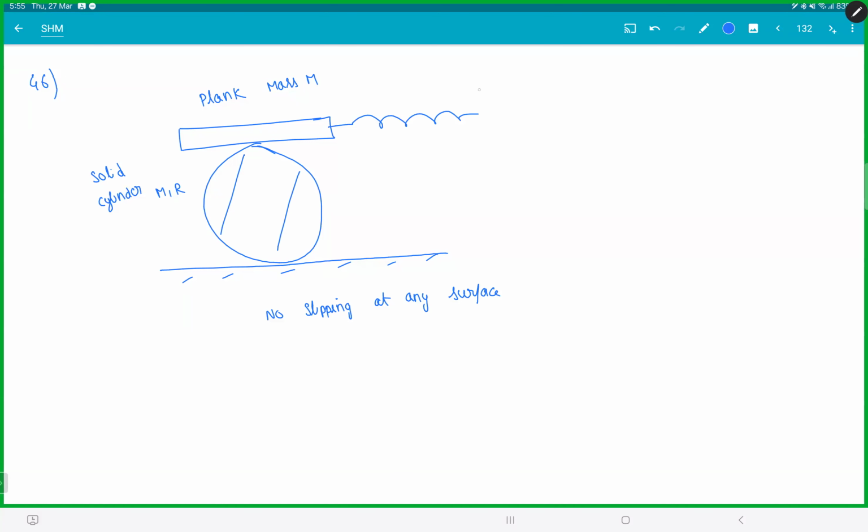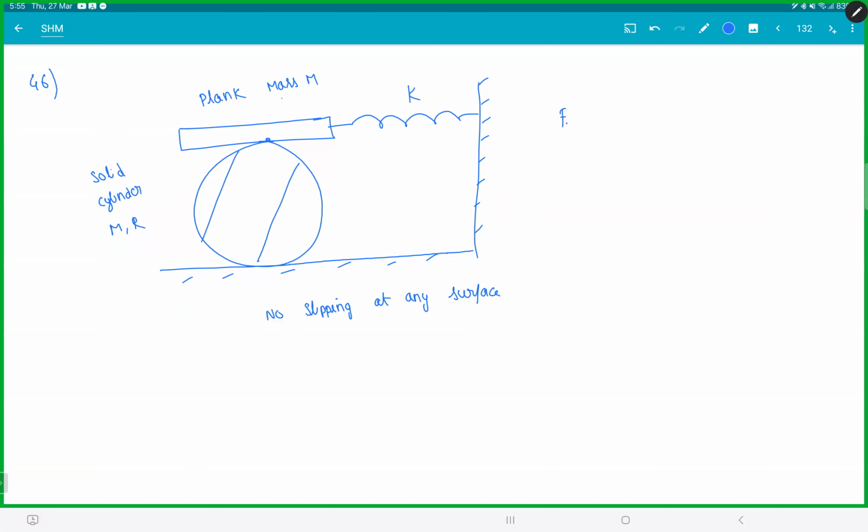This is connected to a spring. You're getting how it is? So you have a drum there, a cylindrical drum, solid one. On top of it, you kept a plank of mass M. There's no slipping between the plank and the cylinder, and no slipping between the cylinder and the ground. Spring K is there. Find the time period for small oscillations.